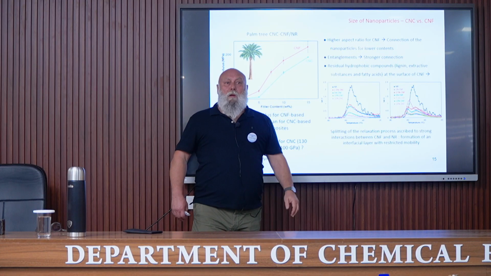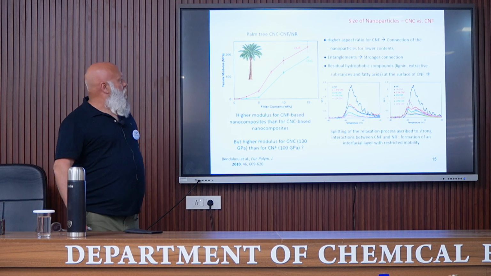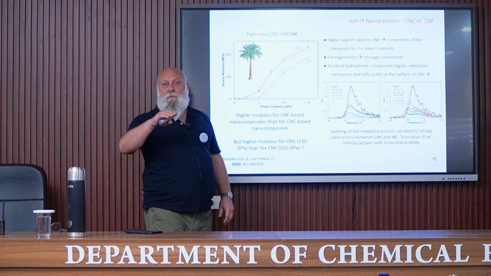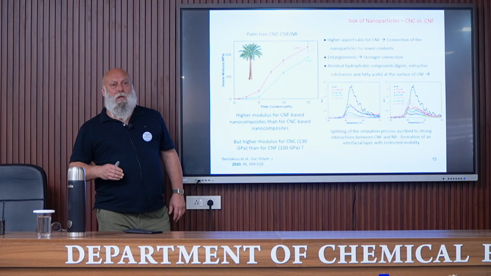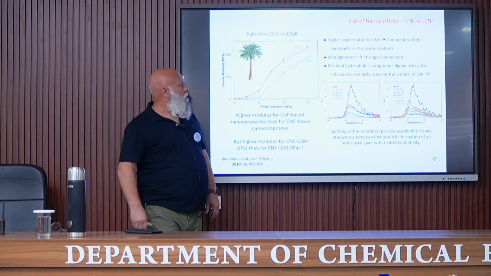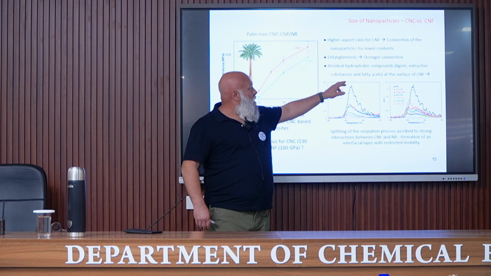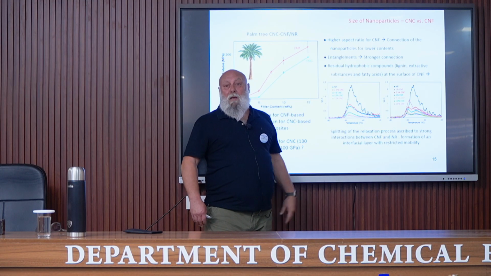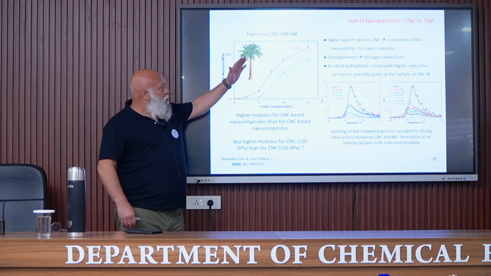Third, remember that nanocrystals consist of pure cellulose. In the case of nanofibrils, we have a few percent of residual hydrophobic component on the surface. Some lignin remains, meaning that nanofibrils are more hydrophobic and can act as a compatibilizer with the hydrophobic matrix. So we checked all these points.